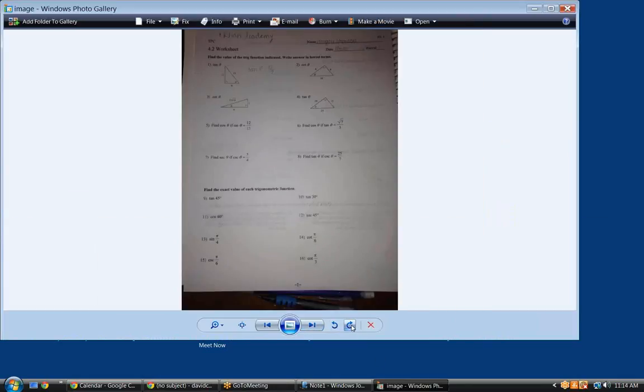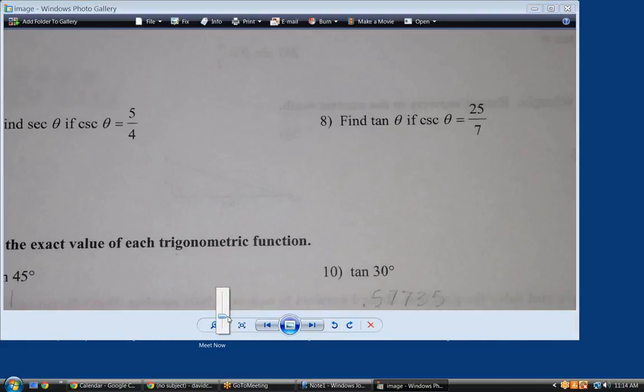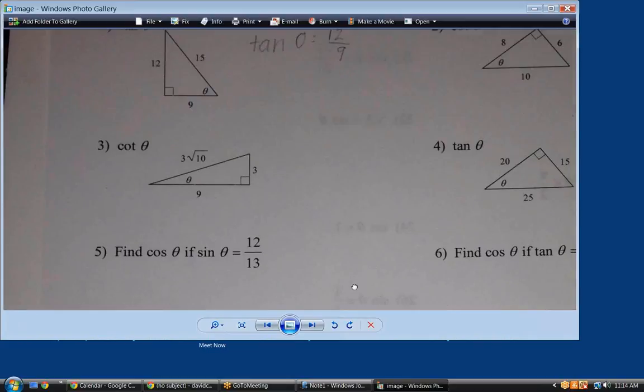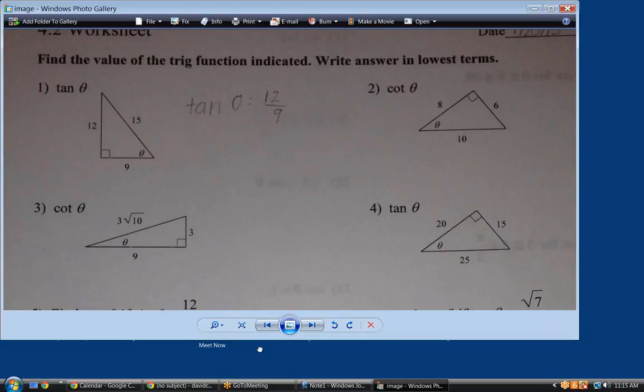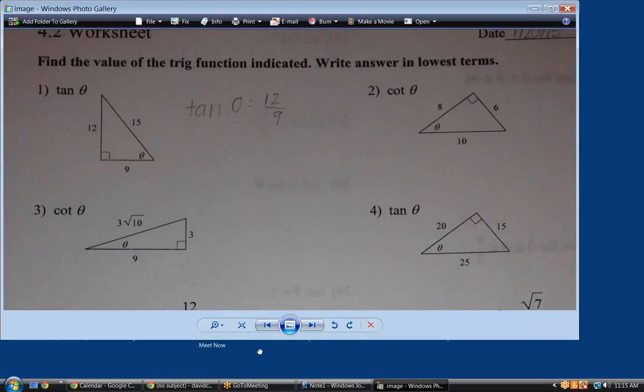Yeah, that solved the problem. Okay, did we start at 1? Yeah.